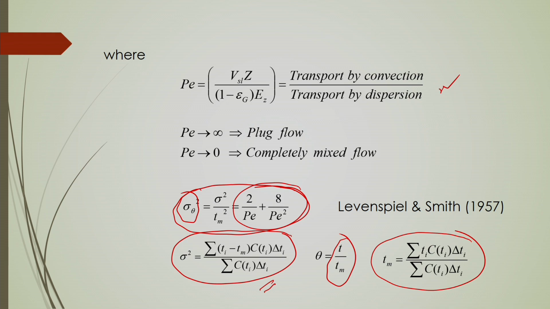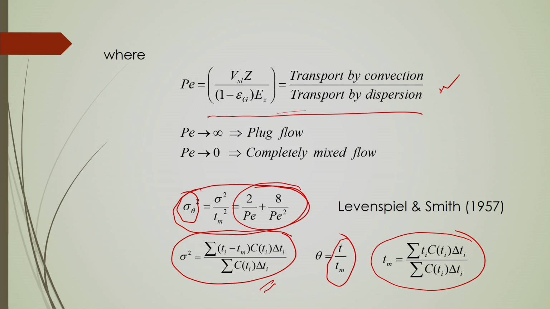VSL is the superficial liquid velocity, and Z is the effective axial length of the gas-liquid mixture, between the point where the tracer is input and the point from where the sample of the tracer is collected. The physical significance of the Peclet number is transport by convection over transport by dispersion.